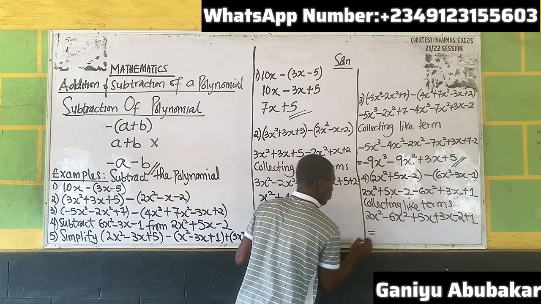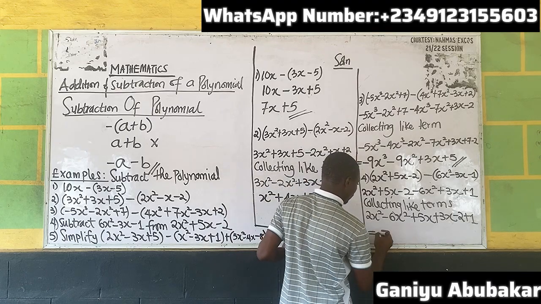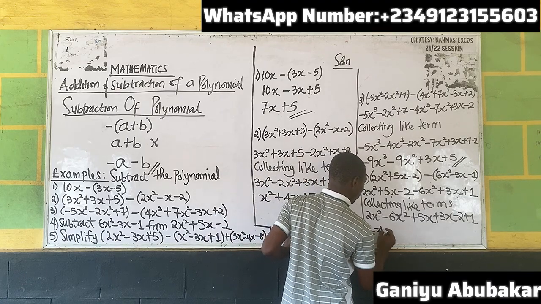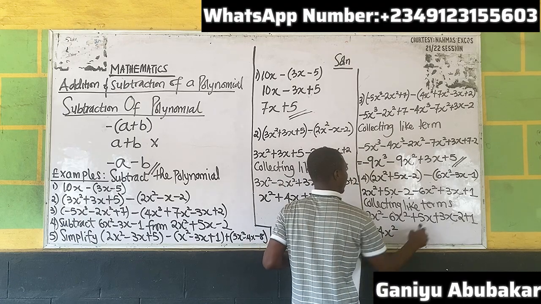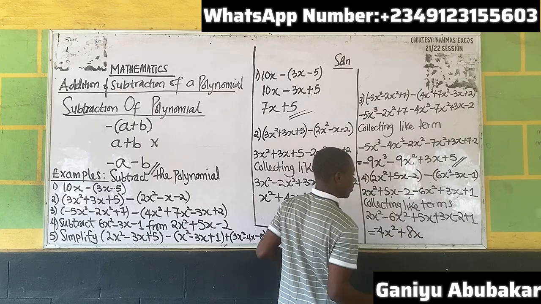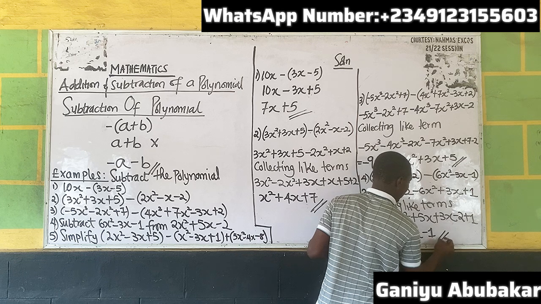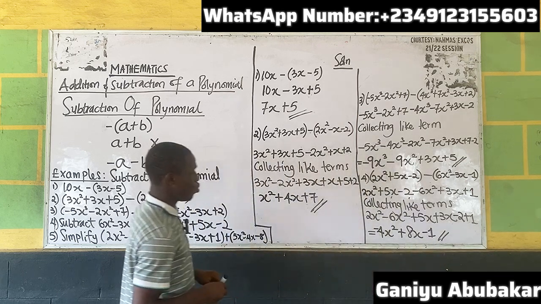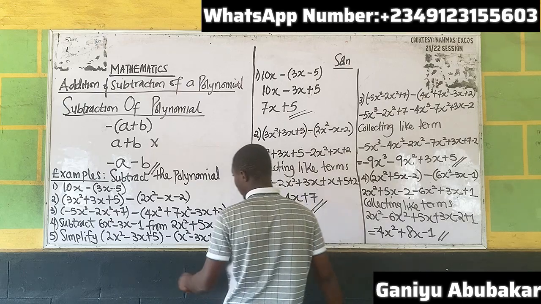My final answer: 2x squared minus 6x squared gives you minus 4x squared. Plus 5x plus 3x gives you plus 8x. The minus 2 plus 1 gives you minus 1. So this is the answer to question 4.